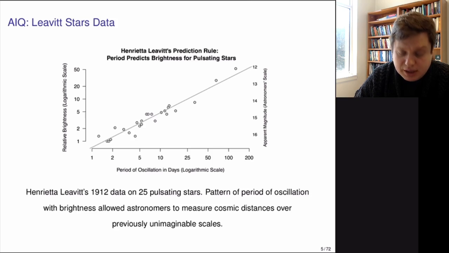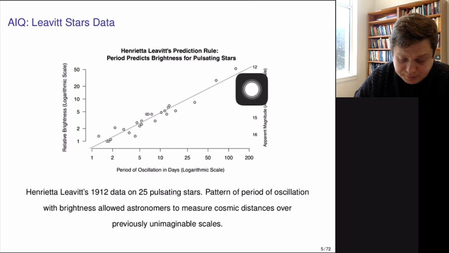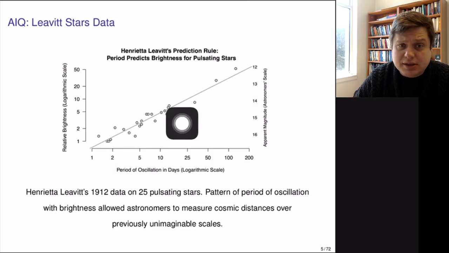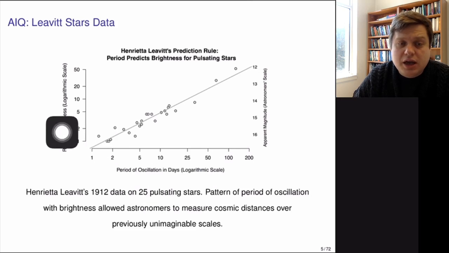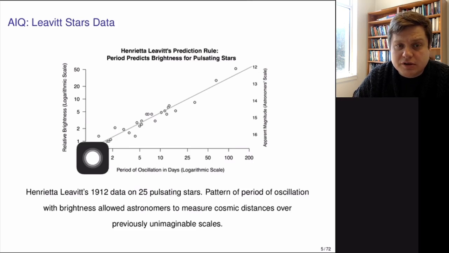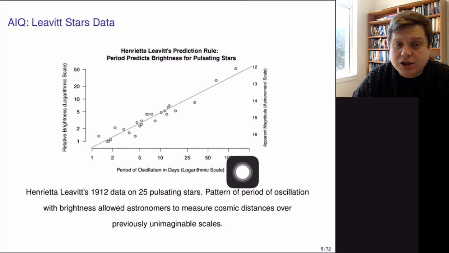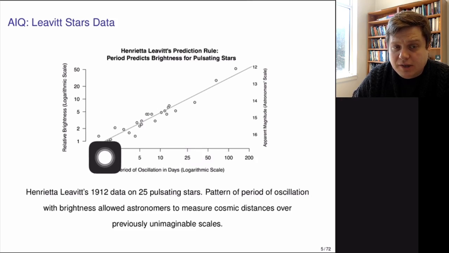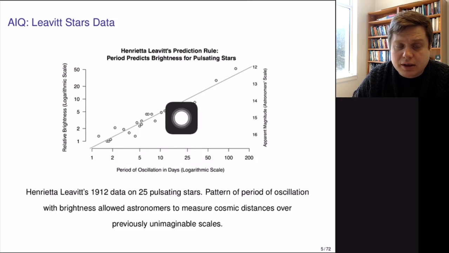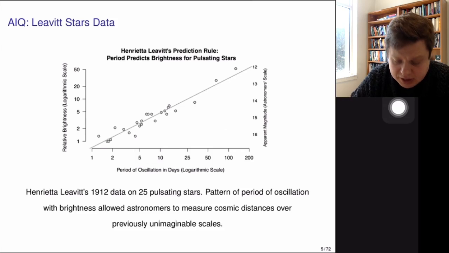When she plotted the data on the scatter plot, she realized that the relationship is linear, or at least linear on the logarithmic scale. If we put the oscillation period on the logarithmic scale and the true luminosity on the logarithmic scale, then the larger the oscillation period, the brighter the star is. And if you draw the line, you can see that the relationship is pretty good.